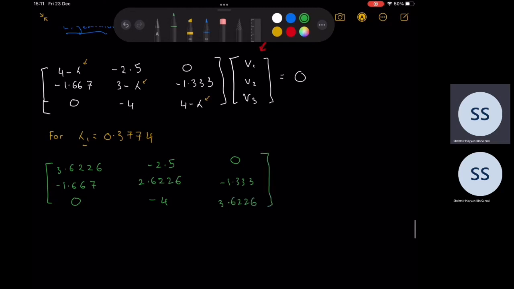Again, this is our A matrix, and V1, V2, V3 equals to 0.